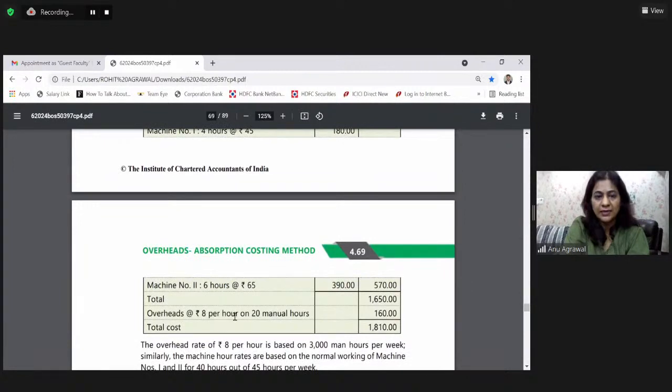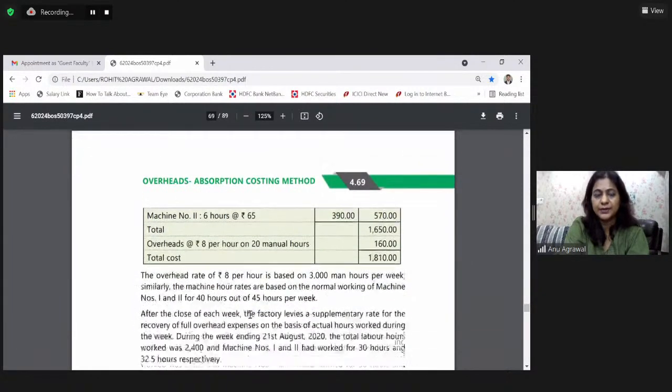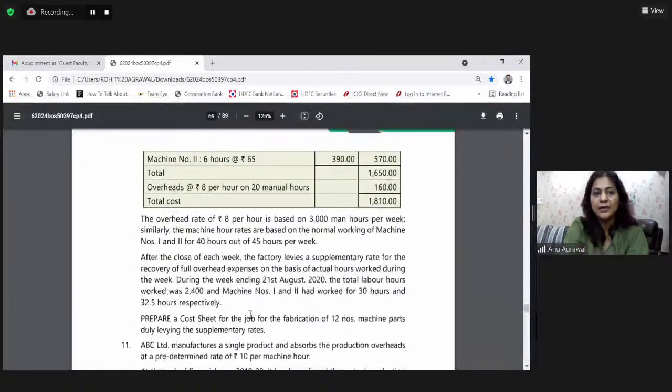And then they have added up overheads. Now the overhead rate of 8 per machine hour is based on 3,000 man hours per week. Similarly, the machine hour rate based on the normal working of machine 1 and 2 for 40 and 45 hours per week. So they have told us what is the basis.